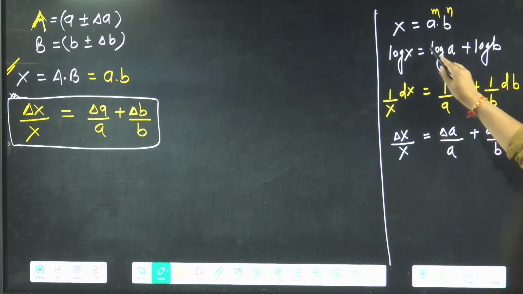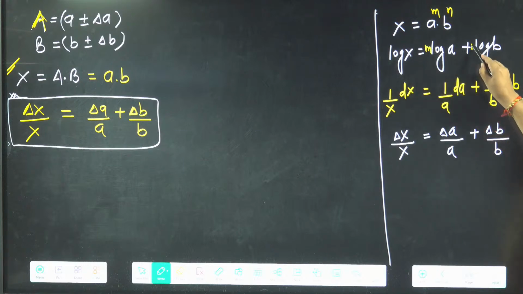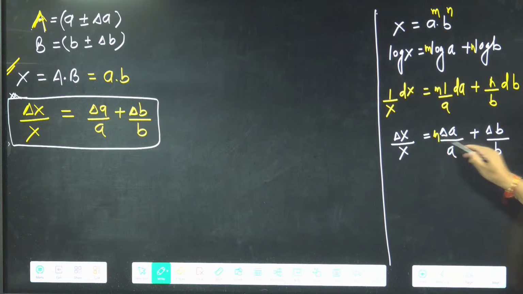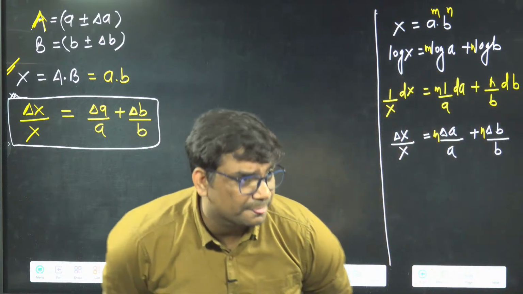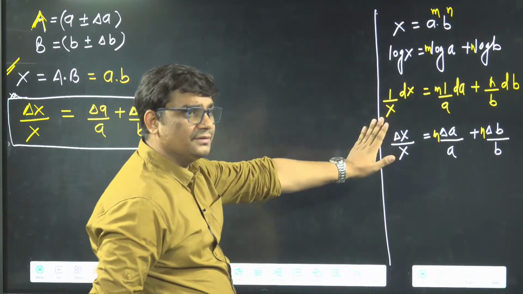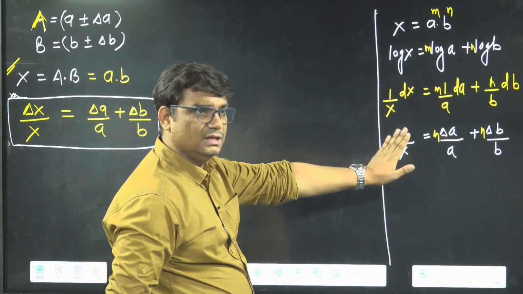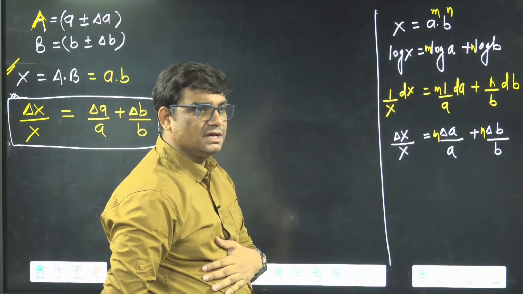When you take the log, here m and here n, so this will be m and this will be n, means power in case of log comes outside. Power comes outside.